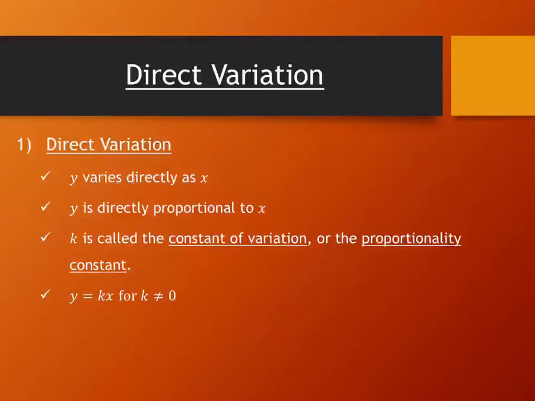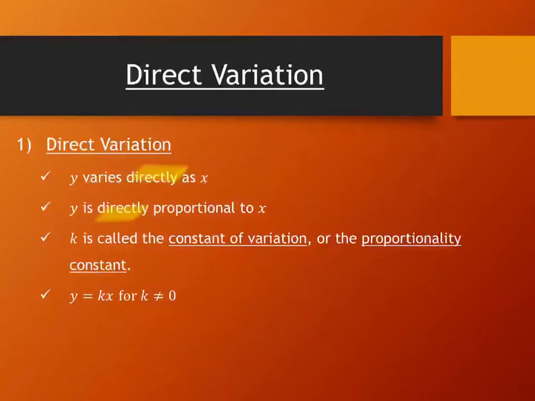In a word problem, it will say either y varies directly as x, or y is directly proportional to x. Of course, the key word in both of those is the word direct. So if it's a direct relationship or a direct variation, it's going to say direct.